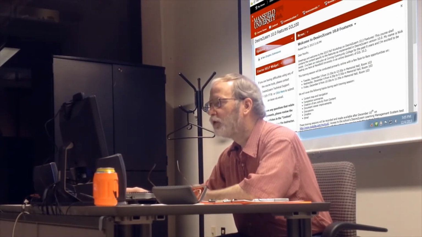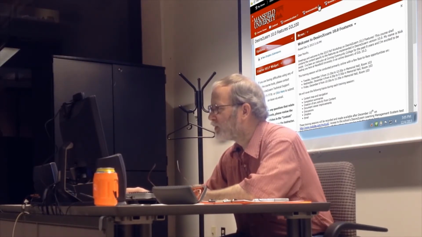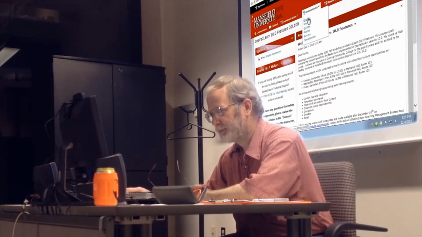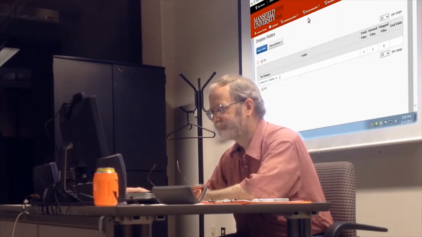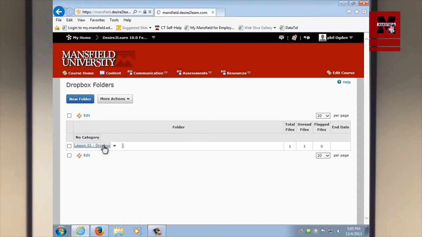And then I would have to go into the right menu, and I just happen to remember that that was under assessments. And then I would have to go into the Dropbox. And I do get a little bit of help here with the balloon help in that when I hover over it, it says Dropbox submissions.